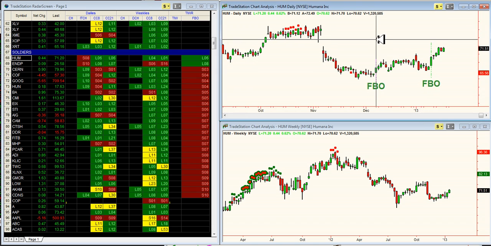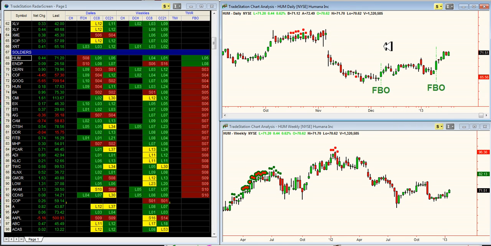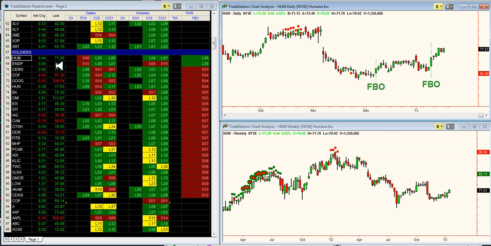Now, in the TradeStation workspace that I've developed, there is what's called a radar screen. These signals that we've been discussing will fire in that radar screen. Green, L for long, S, red for short. Therefore, let me give you an example. HUM is an LO6.